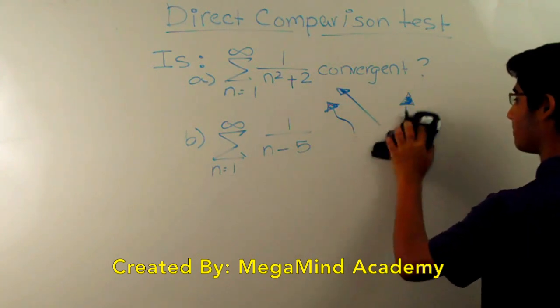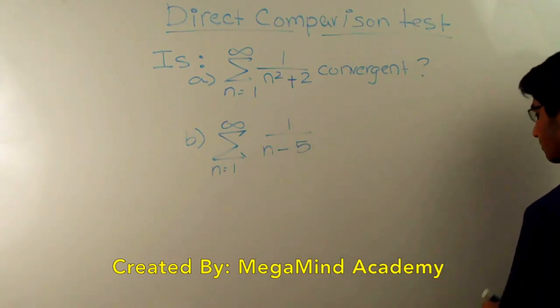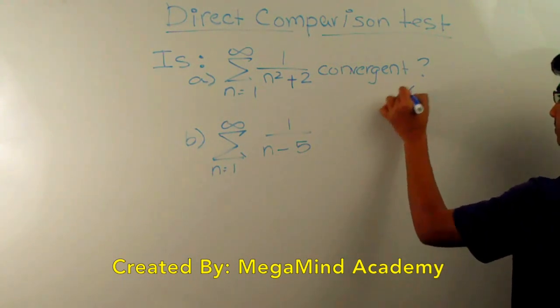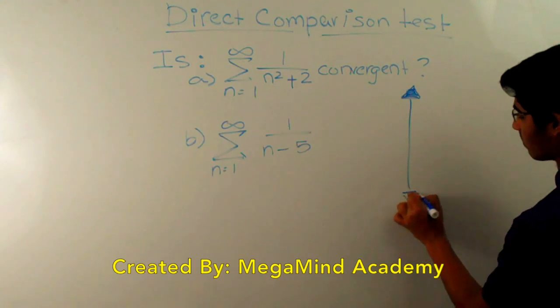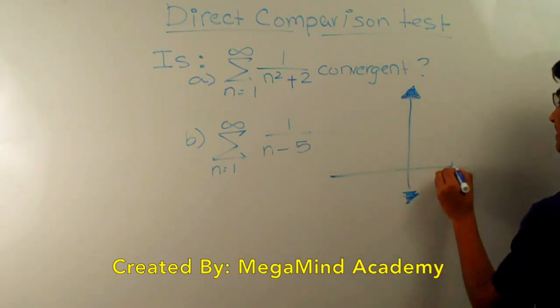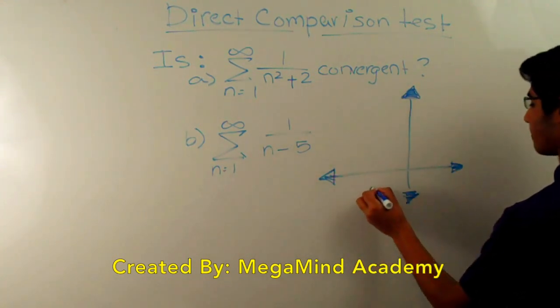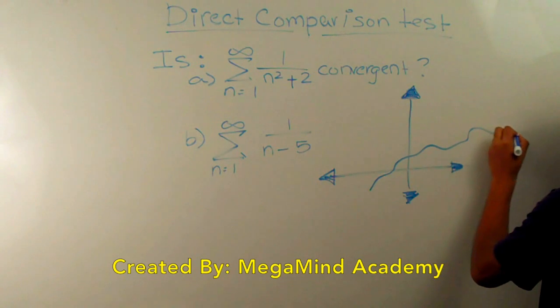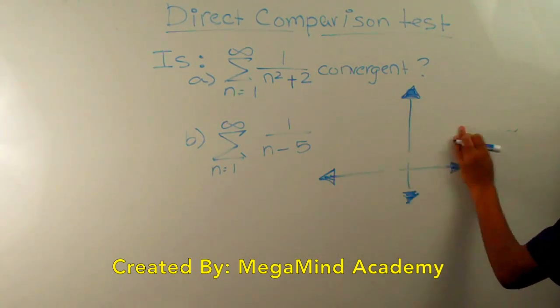So let's say that once again we have this graph, but this time the function looks like this. Or sorry, let's redraw that one. I meant to draw that differently.